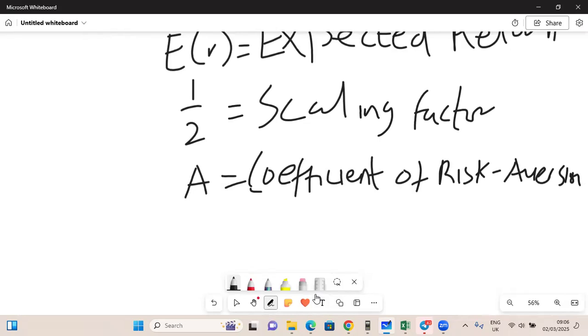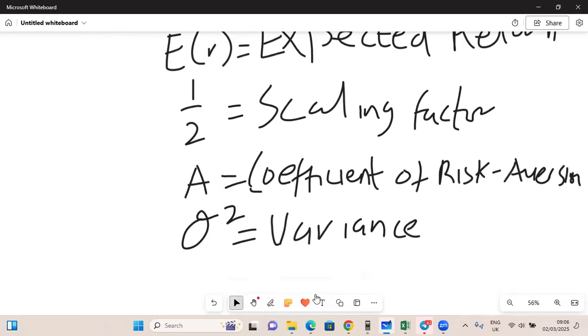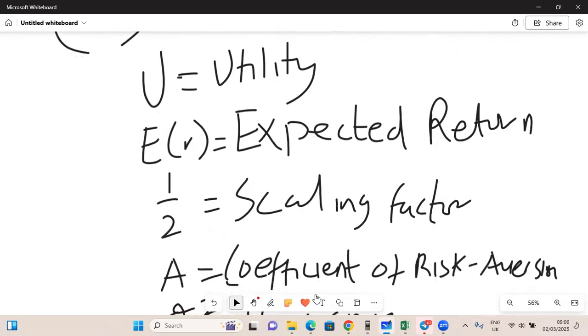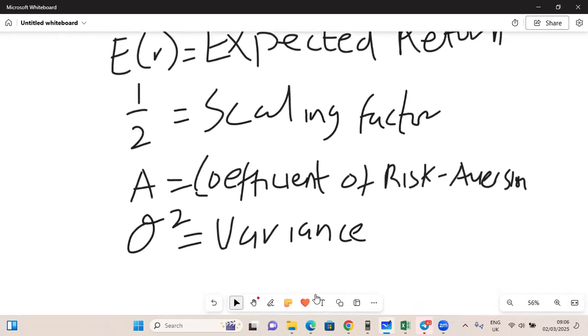And then this is equal to the variance, or standard deviation squared. Okay, so these are the individual terms. U is utility, ER is expected return. The 1 over 2 is the scaling factor. A is the coefficient of risk aversion. And then standard deviation squared is variance.